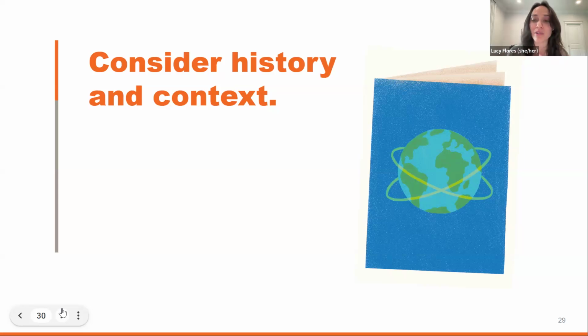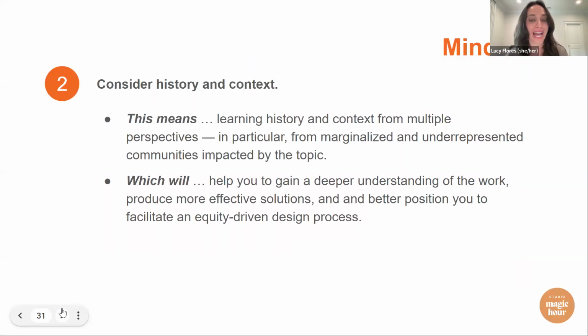And when I say context, I'm referring to the interrelated conditions, which can be cultural, environmental, political, economic, agricultural, and those conditions in which the work exists. So examining history and context helps us to better understand the surrounding conditions within which our work exists and how that current situation came to be. So on the next slide, we'll talk briefly about what that looks like when put into action.